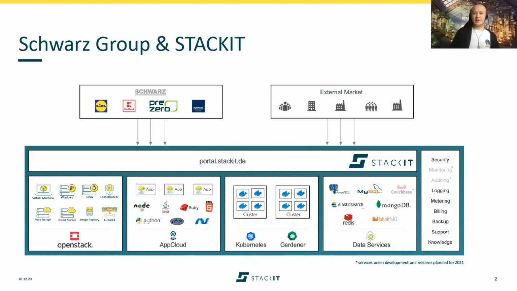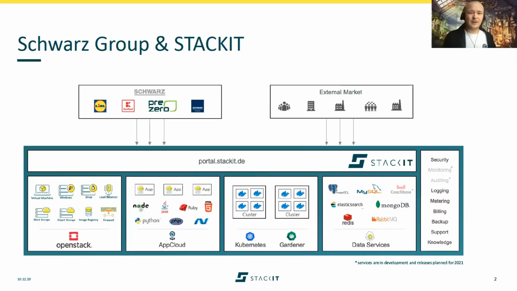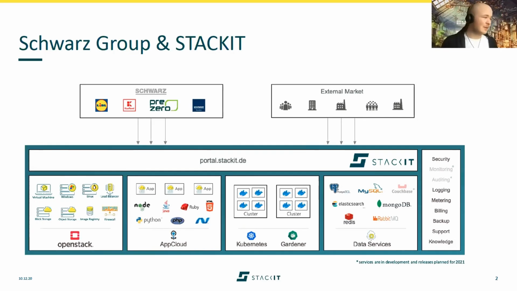Maybe some of you have already heard that the Schwarz Group is currently developing a cloud platform. The Schwarz Group itself contains LIDL, Kaufland, PreZero, and the Schwarz production systems. Our goal is to achieve a cloud platform where our underlying IaaS layer runs on OpenStack.